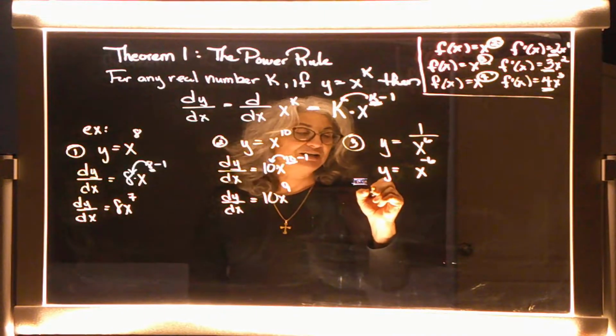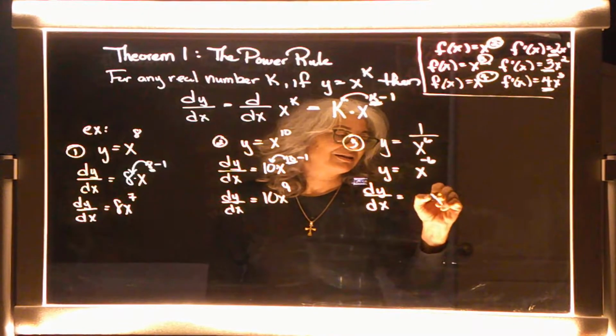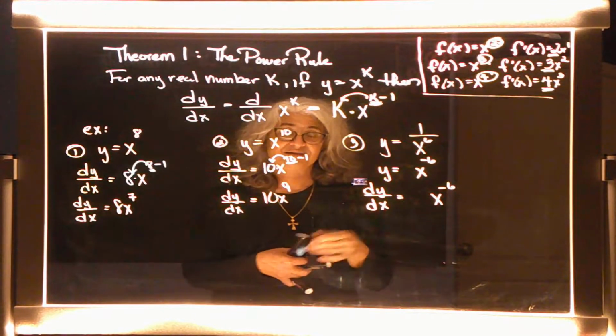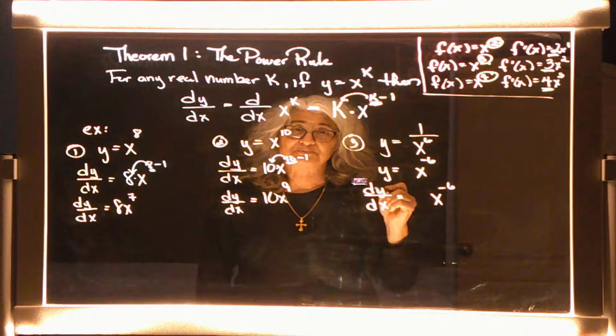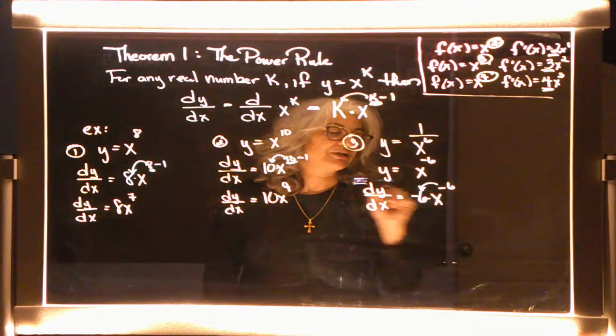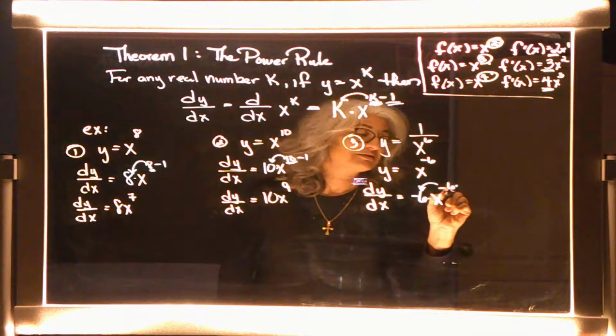Okay, so if I am taking the derivative of y with respect to x, I am taking it of the function x to the negative 6. So what's the first thing we do? Good, we take the exponent and we bring it down in front and multiply, and then subtract 1.